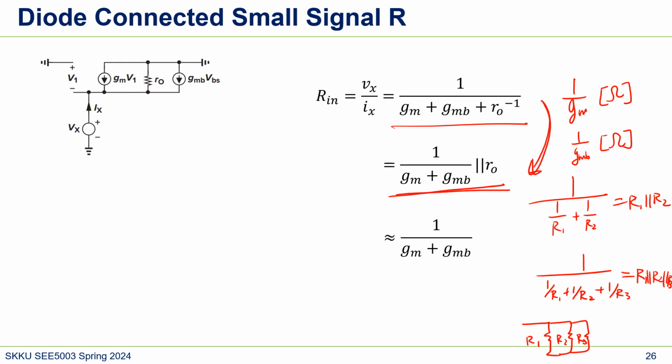Since RO is usually a lot larger than 1 over GM, we can just simplify this.